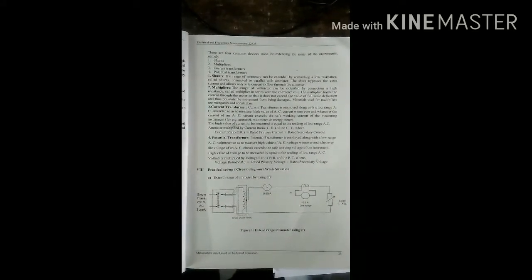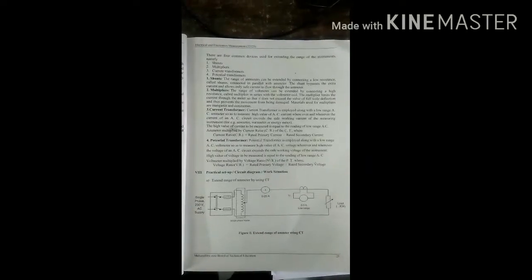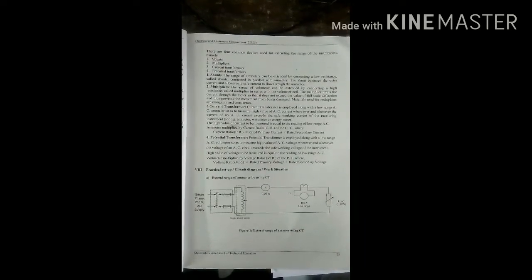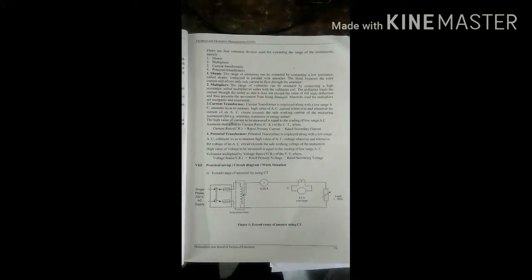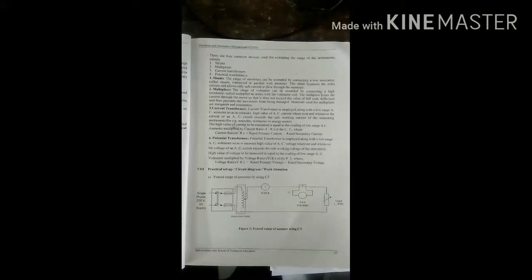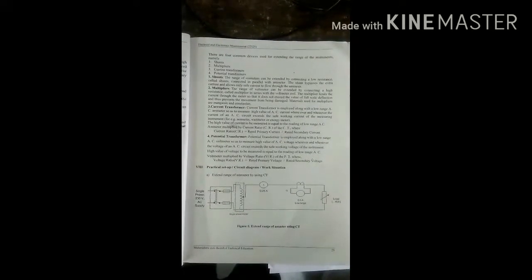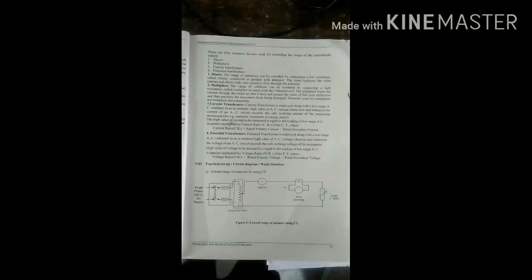Third one is current transformers. A current transformer is employed along with a low range AC ammeter so as to measure high values of AC current wherever and whenever the current of an AC circuit exceeds the safe working current of the measuring instrument.